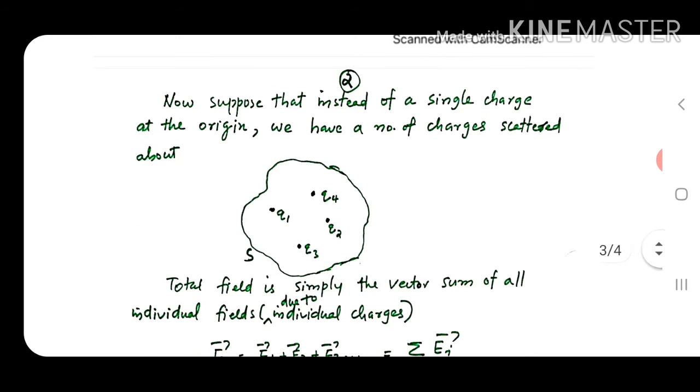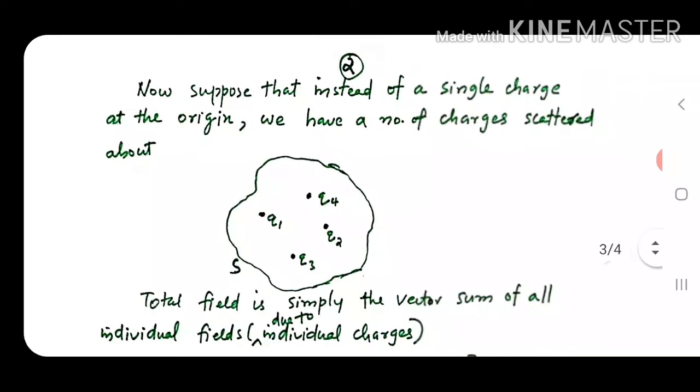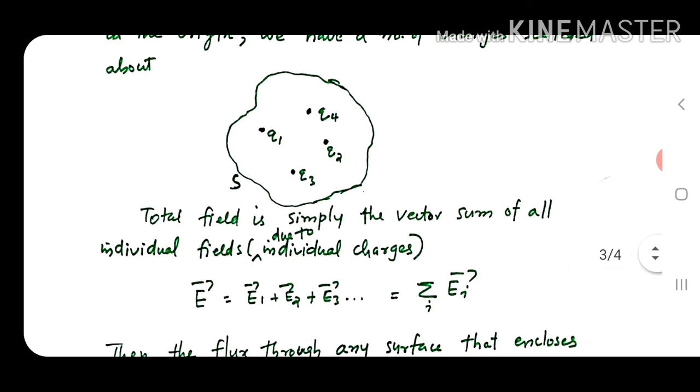Now suppose that instead of a single charge at the origin that we considered now, we have a number of charges scattered about, q1, q2, q3, q4. Now the total field is simply the vector sum of all individual fields due to the individual charges.